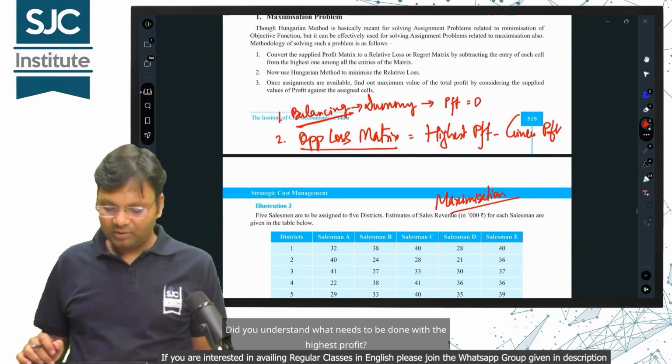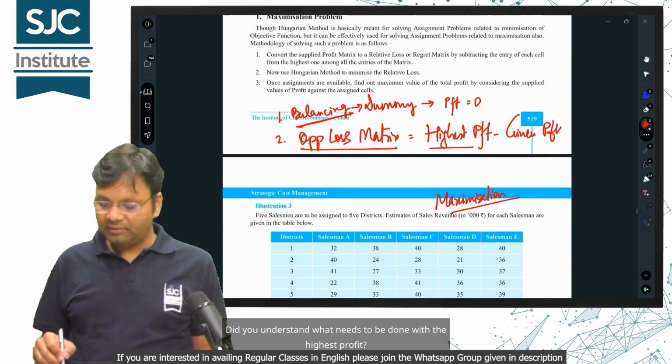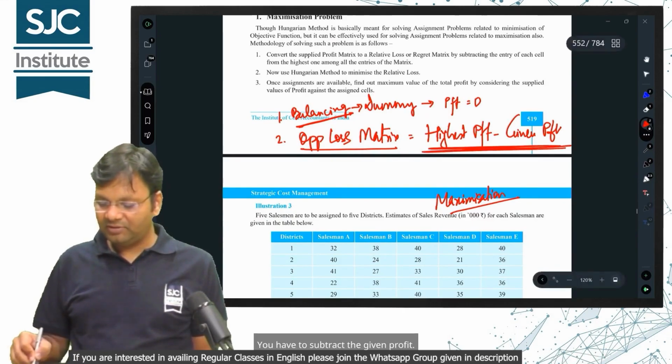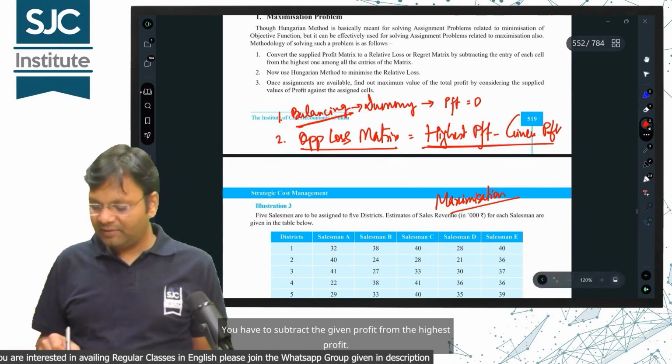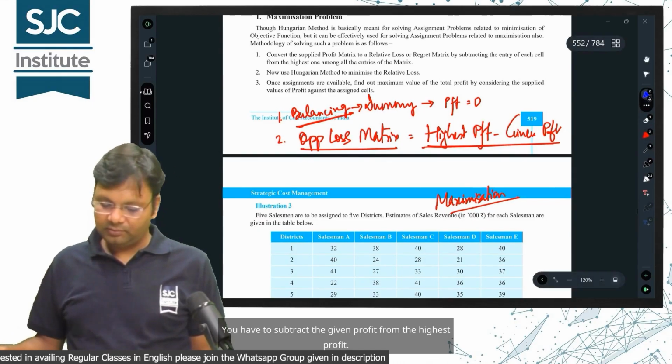Did you understand what needs to be done with the highest profit? You have to subtract the given profit from the highest profit.